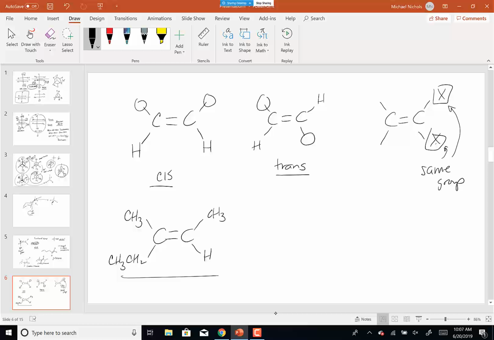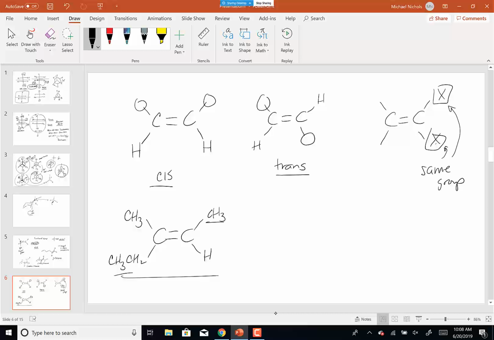You could say that this methyl group and this ethyl group are trans, but to name this cis would mean that we all have to be in agreement that we're going to look at the same group. And then the issue would be, what if I got 3 different groups and 2 of them aren't the same? I can't even assume that the 2 same groups would be cis or trans. So now we have to have a different naming scheme.